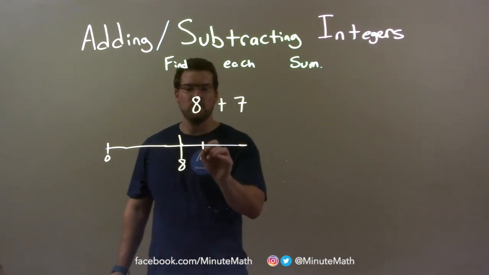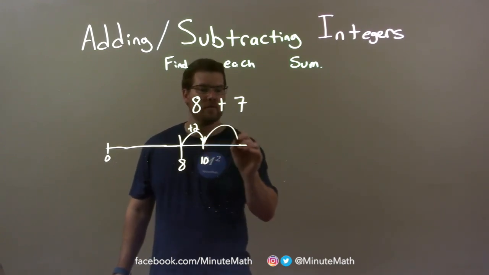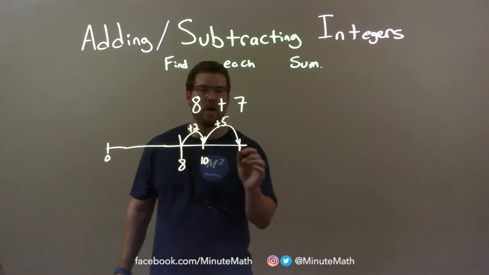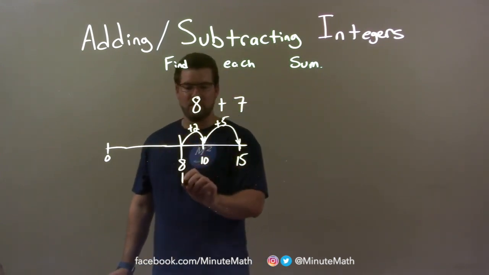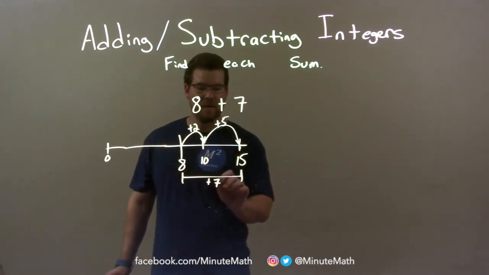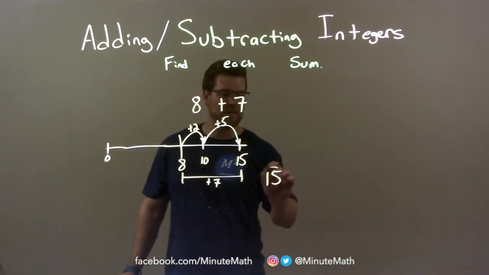So 2 units gives us a 10, so we have a plus 2 right here. And then if we add another 5, we get a total of 15. 10 plus 5 is 15. So our final answer here is just 15.